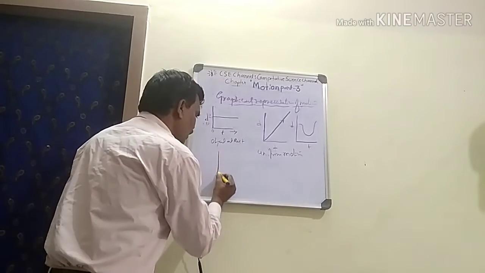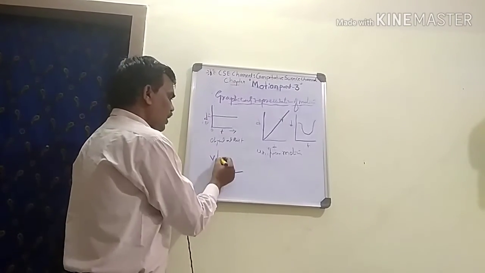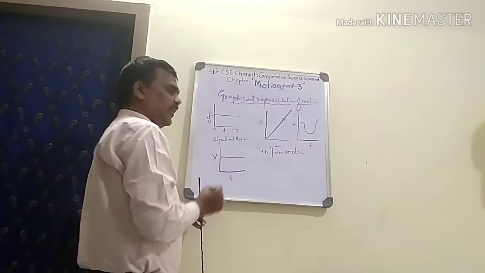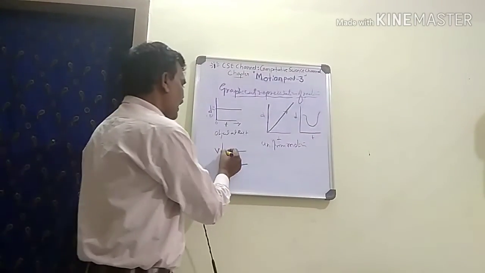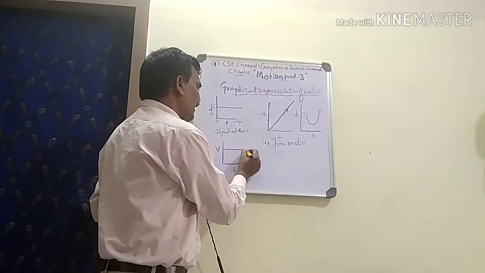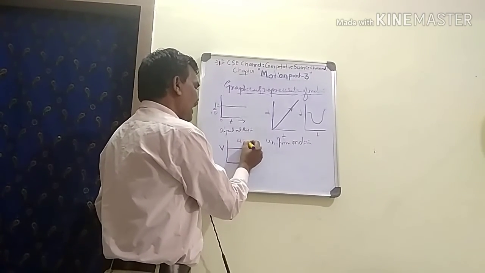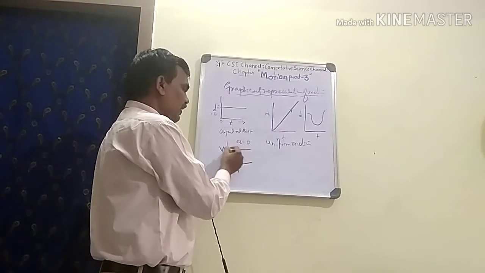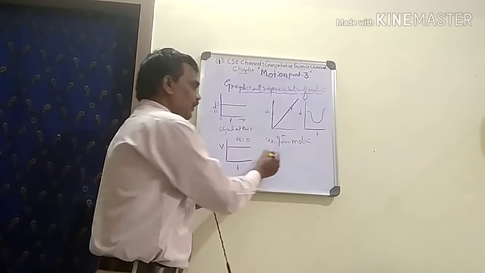Coming to another graph, in a VT graph, velocity and time graph, if the graph is like this, then the object is not at rest, it is uniform velocity or zero acceleration. Here the acceleration is 0, meaning velocity is same, so acceleration is 0.